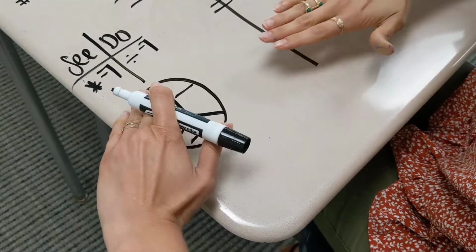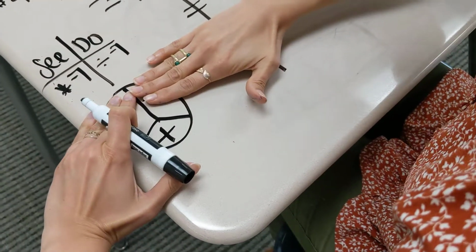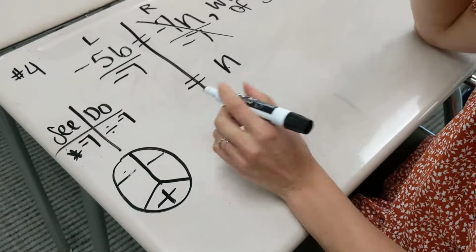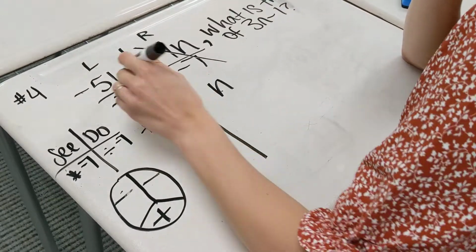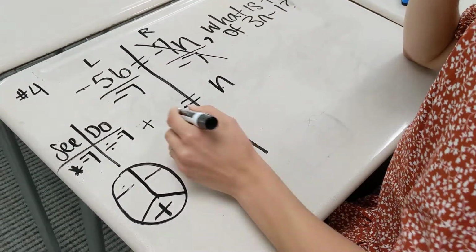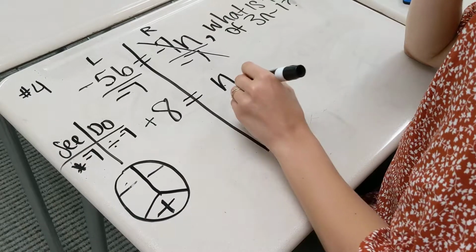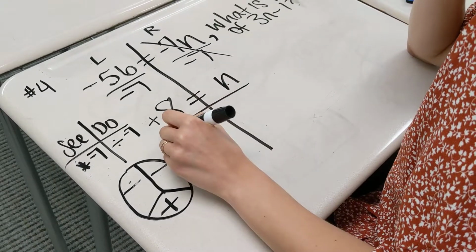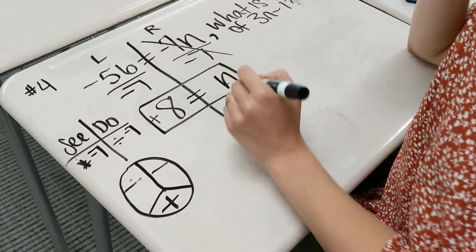And I know that a negative divided by a negative is a positive. So my answer will be positive. And I know 56 divided by 7 is 8. So the value of n is 8.